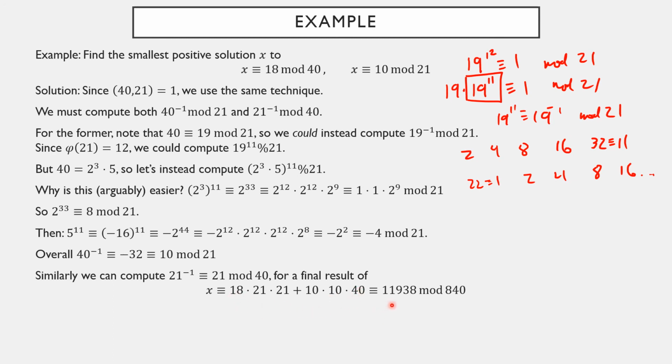All of this works out to be 11,938 mod 840. But in this problem, we were asked to find the smallest positive solution. So I'm just going to apply the division algorithm and find the remainder when 11,938 is divided by 840, and it turns out to be 178. So the smallest positive solution is 178.